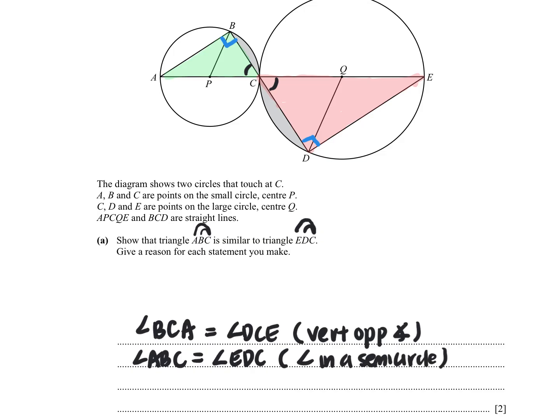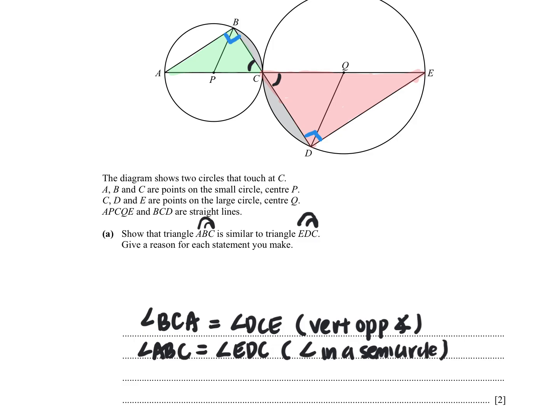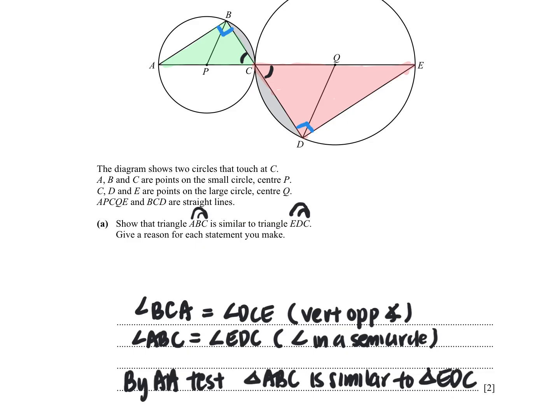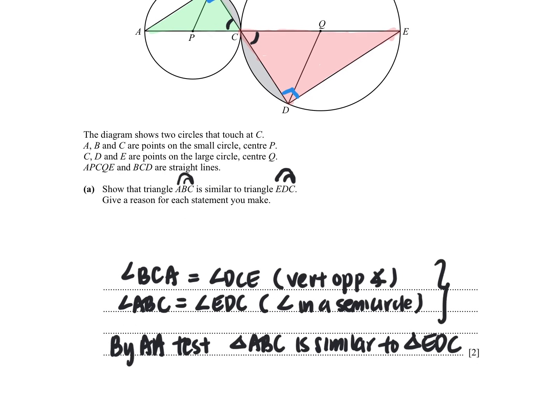Some of you say triangle in a semicircle must be 90 degrees. You all cannot use the proper property, is it? You all must explain in your own words. Now, after you write this, you must tell me by AA test, triangle ABC is similar to triangle EDC. So this is 1 mark. This is 1 mark. Sometimes they are very stingy.